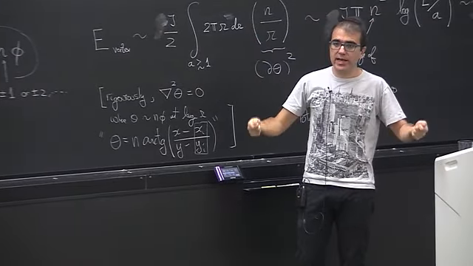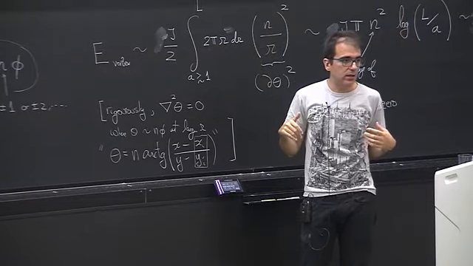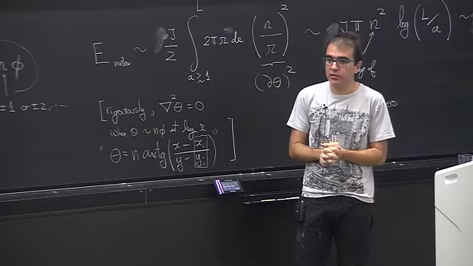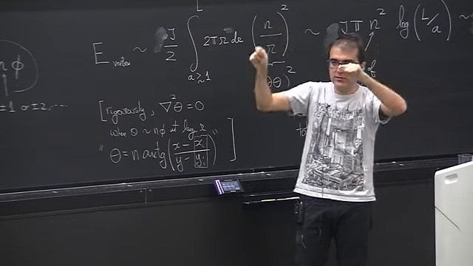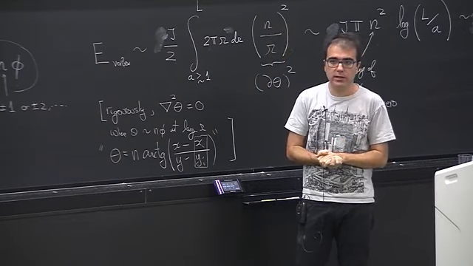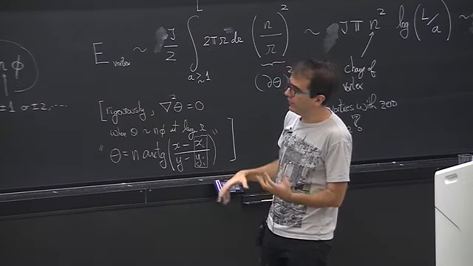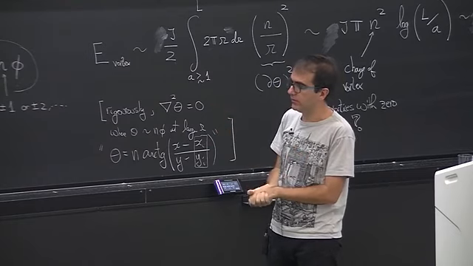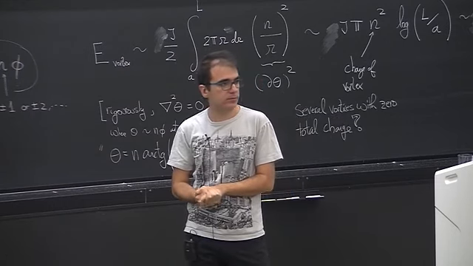And I will expand my action around the configuration that contains this gas of vortices. Then we'll study what is the effective theory that I get for the centers of these vortices. Where do the centers of these vortices like to be? And then we will study that statistical model, which is the model for a gas of vortices.